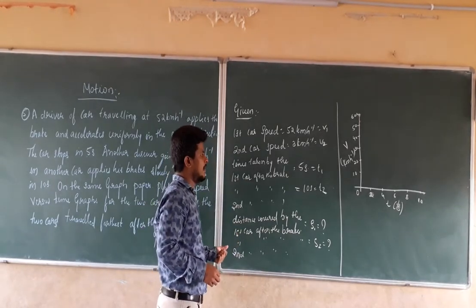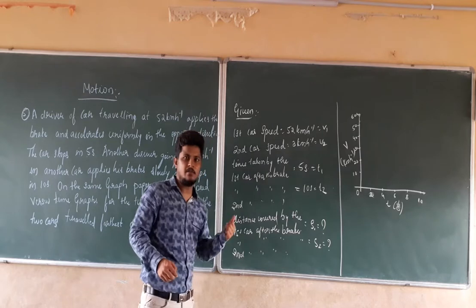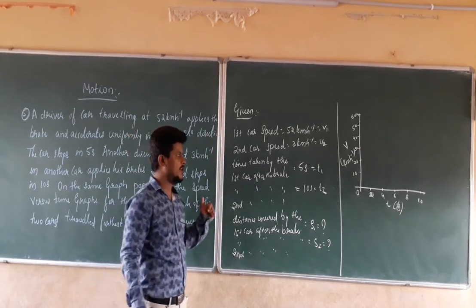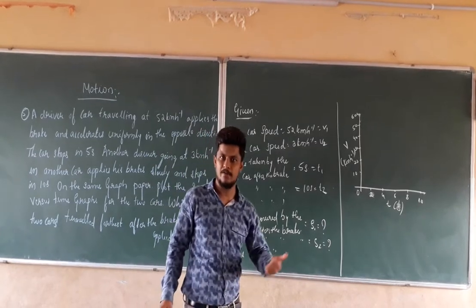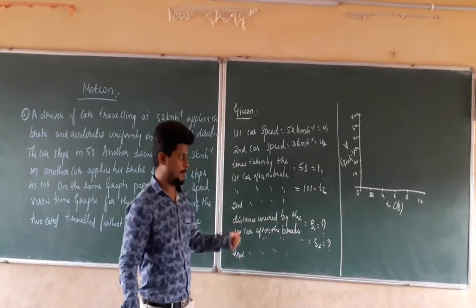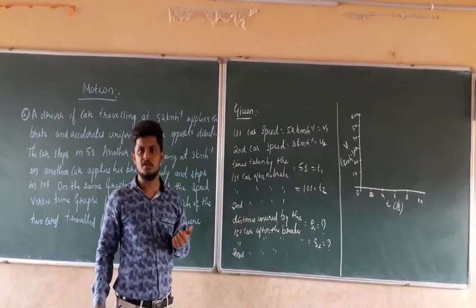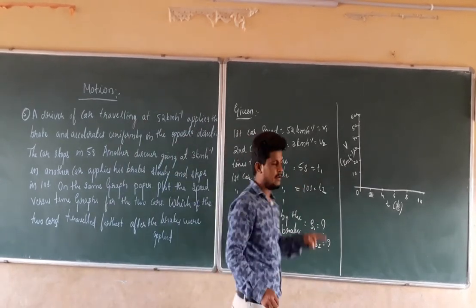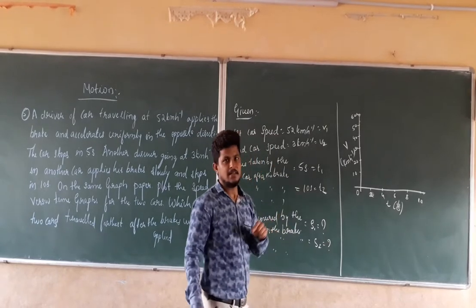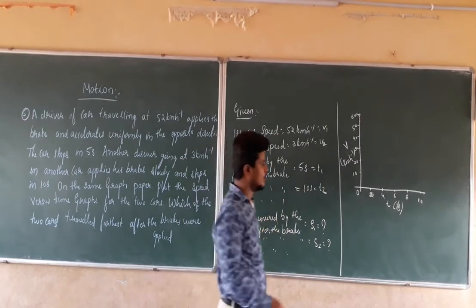In the same manner, after the application of the brake, what will happen to that car? The car is going to stop. If the car is going to stop, what will be the speed of the car? It will be equal to 0. So after 5 seconds, the speed of the car will be equal to 0.